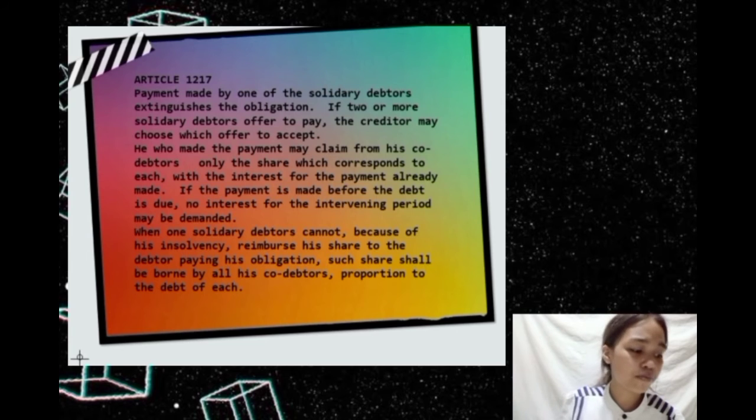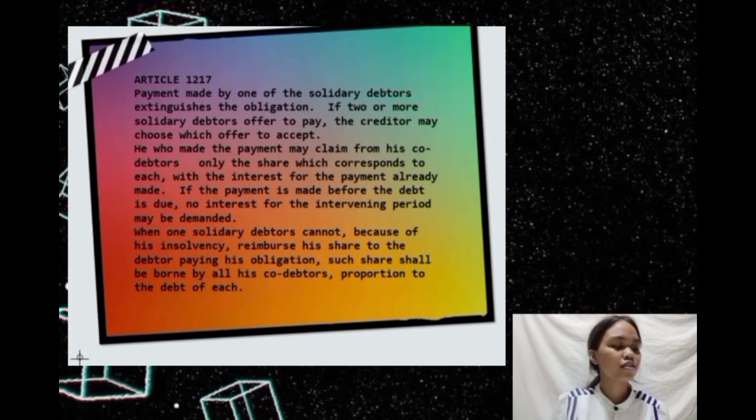So, for example, Jad and Princess are solidary debtors of Kate in the amount of 500,000 pesos. If Jad and Princess offer to pay, Kate has a right to choose as to which offer to accept.